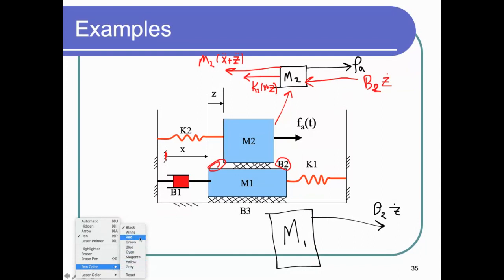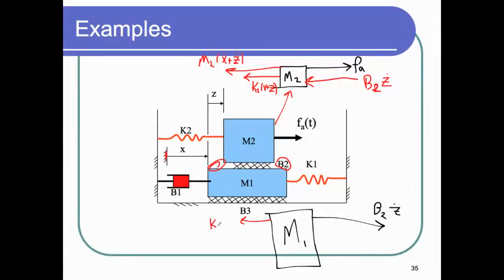Now, for the forces to the left, we have K1. K1 what? Is it x or z? Or x plus z? X plus z, Yasser. Why?